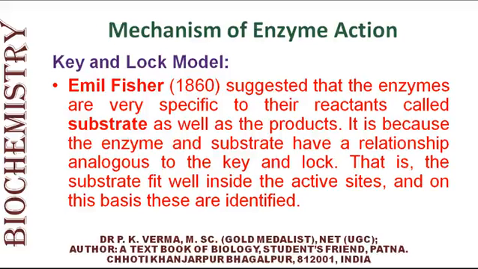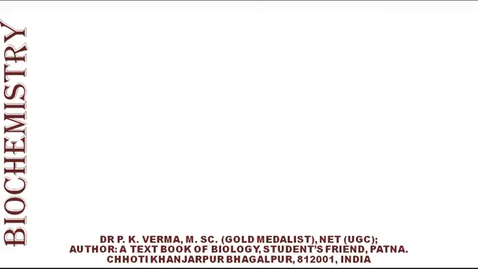It is because the enzymes and substrates have a relationship analogous to key and lock. The substrate also has a definite structure, so the reaction center also should have a definite structure so that they can bind with each other. That is, the substrate fits well inside the active site, and on this basis these are identified.